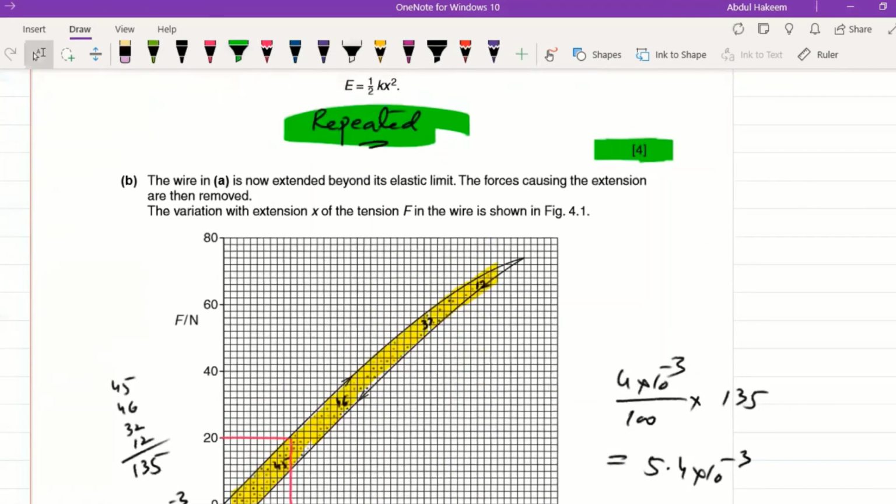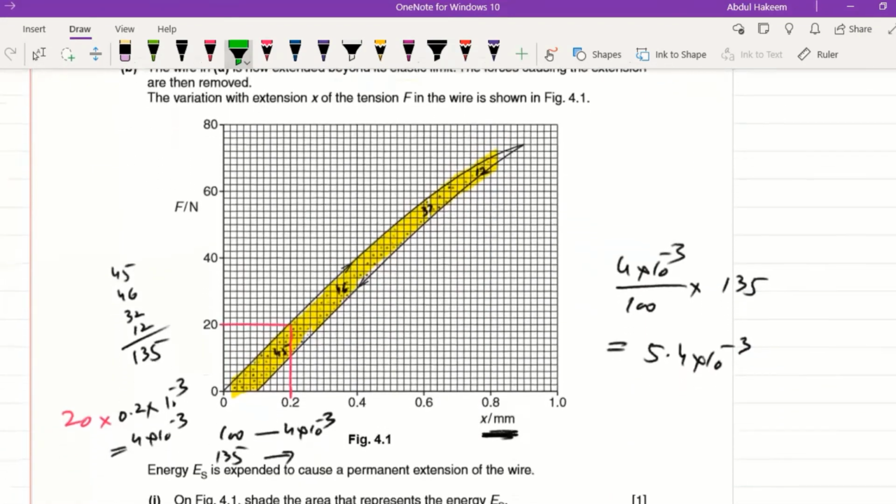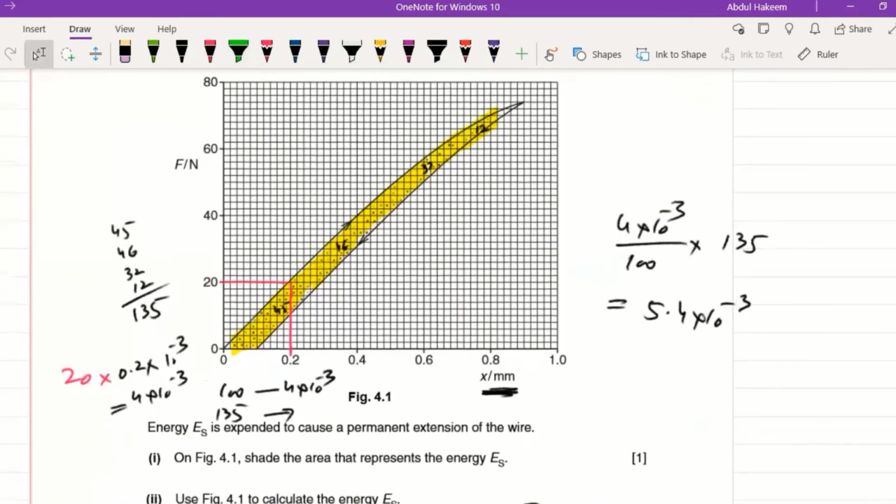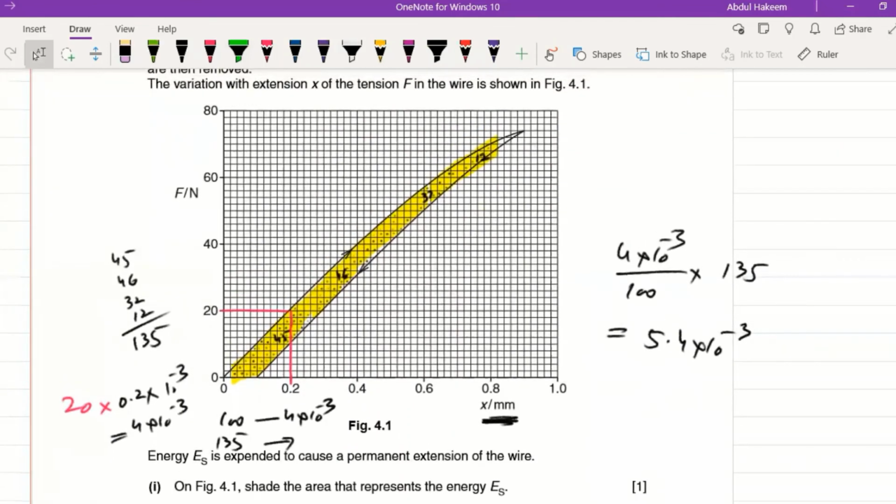Next. The wire in A is now extended beyond the elastic limit, and the forces causing the extension are removed. The variation of the force with extension is given. So this is a graph. The question is, energy ES is expended to cause the permanent extension in the wire.